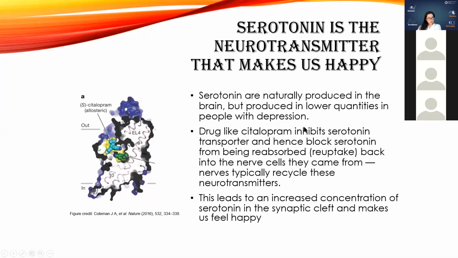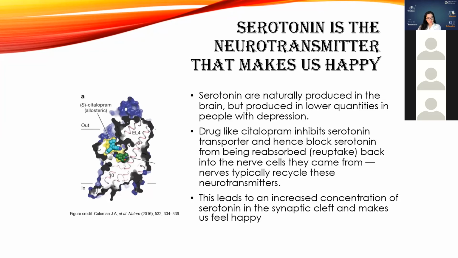So serotonin is naturally produced in the brain, and in people with depression, it will be in much lower quantity. Once they lack serotonin, a drug like citalopram will block the serotonin transporter, as I showed in the previous figure.